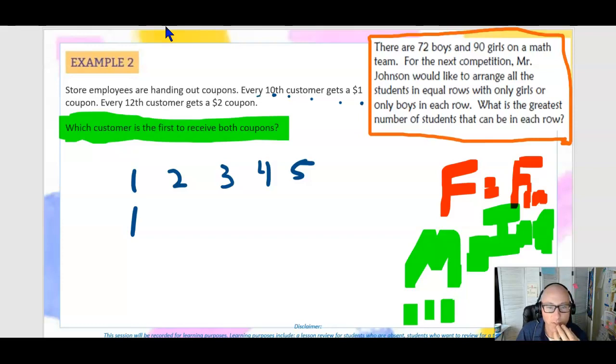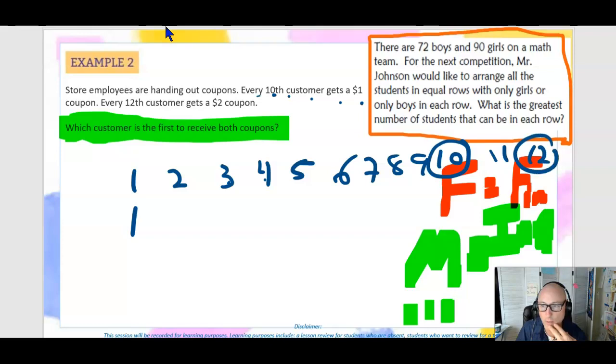So first customer, second, third, fourth, fifth, sixth, seventh, 8, 9, 10. This person gets a coupon. Now, the 12th person gets a coupon, but the other coupon.